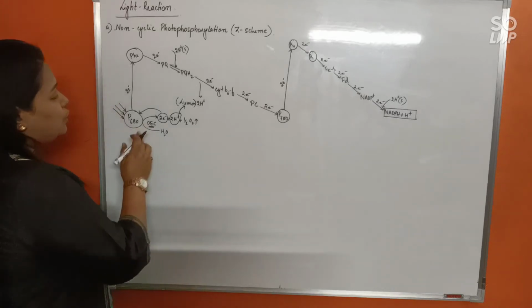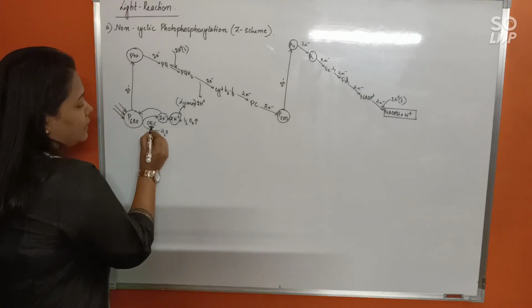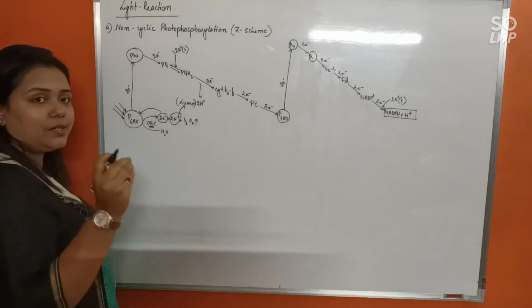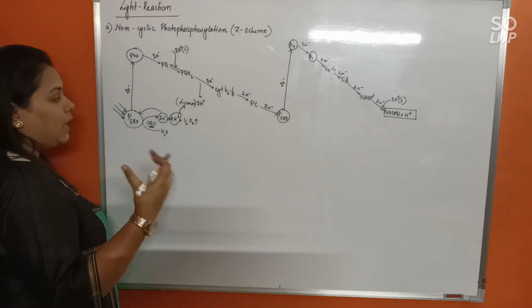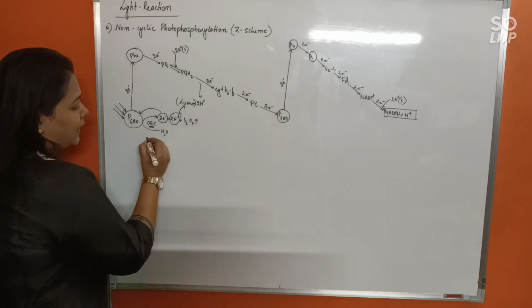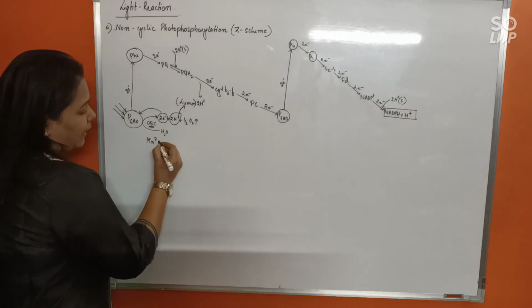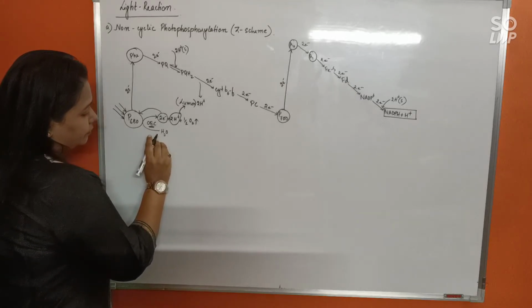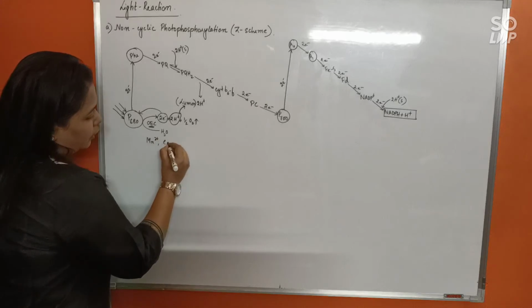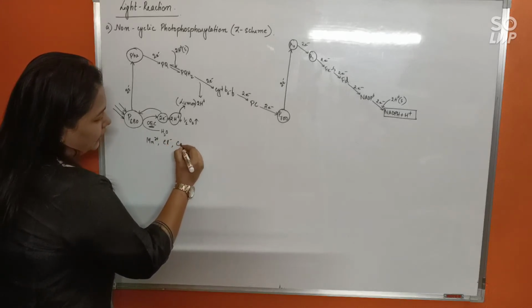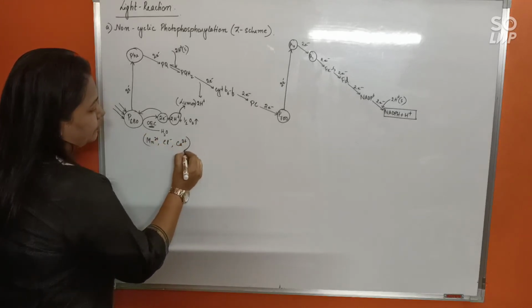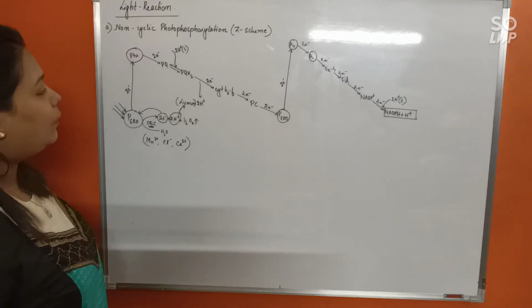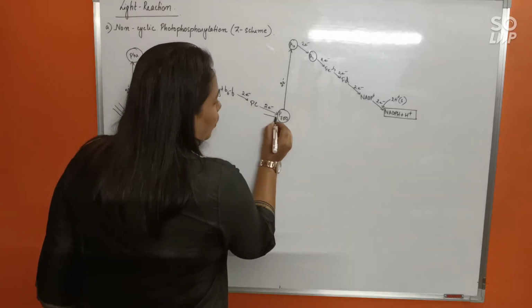Do remember the oxygen evolving complex. This is an enzyme complex that requires certain mineral elements to function, and they are manganese, chlorine and calcium.